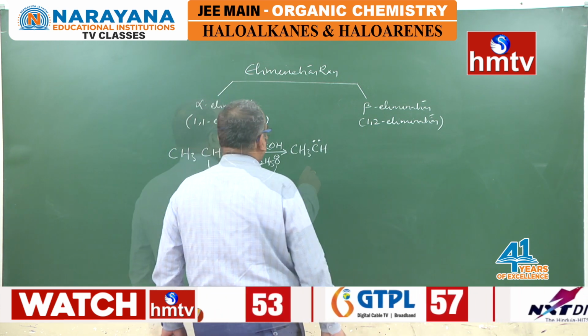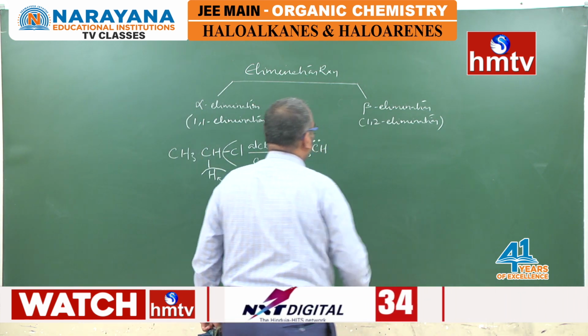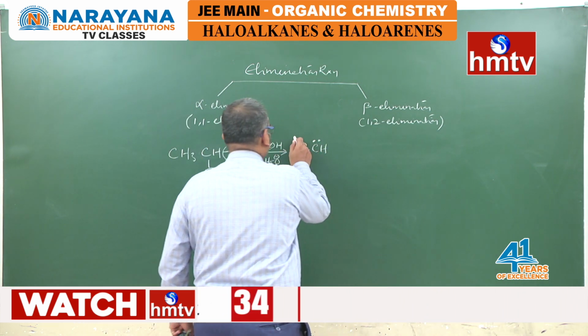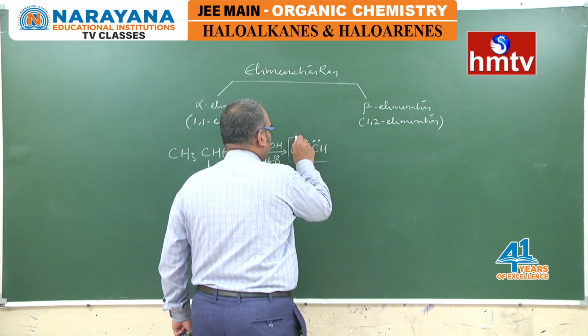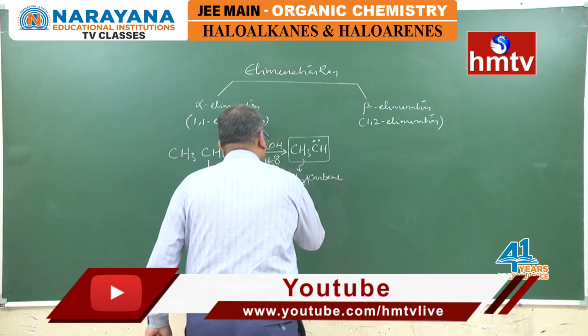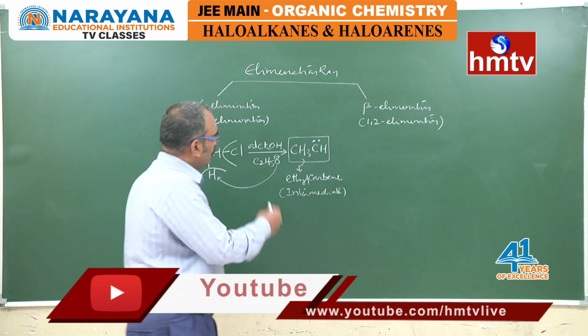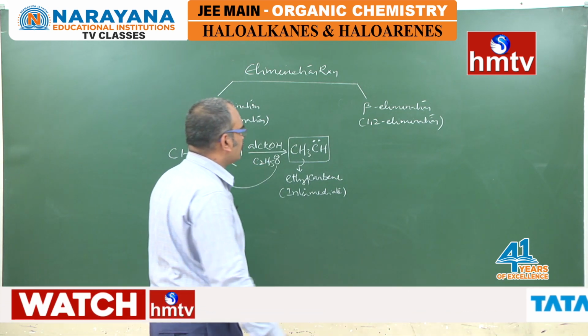These are called carbenes. This is ethyl carbene. Alpha eliminations are very rare. This is a reaction intermediate, so it will be further consumed in the reactions.